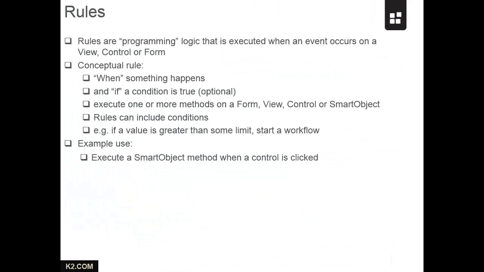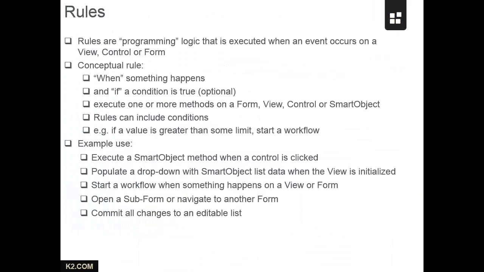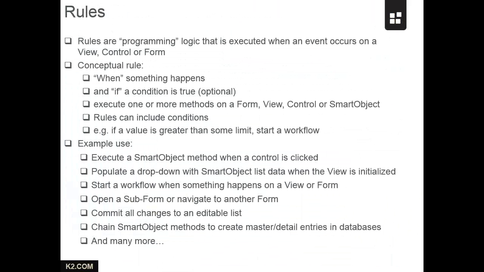Some examples here: execute a smart object method when a control is clicked, populate a drop-down list with smart object list data when a view is opened, start a workflow when something happens, open a subform, commit changes on an editable list to the backend system, or chain smart object methods, for that kind of master detail entries inside of a database. So there's a whole bunch of stuff you can do there with the rule logic, and of course much more.